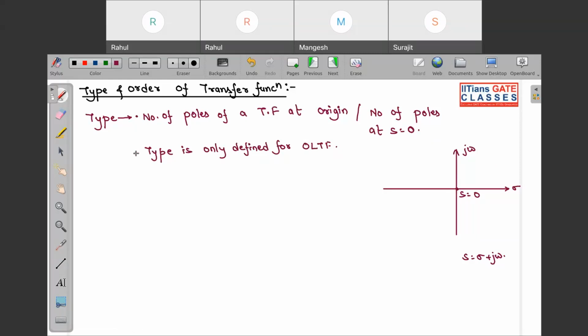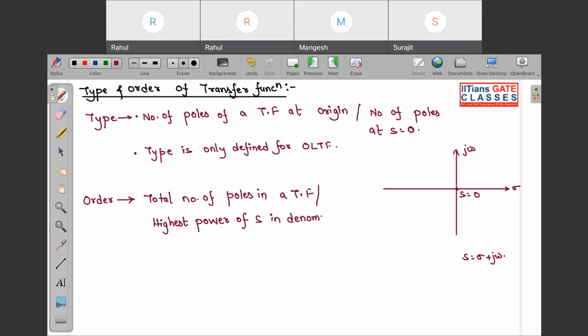Next we have order. So what do we mean by order? Order is your total number of poles in a transfer function, or basically you can write, the highest power of s in the denominator of the transfer function.